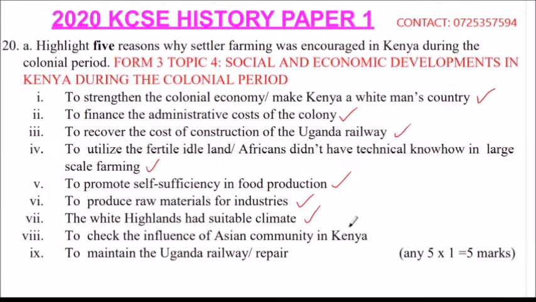Number 8, to check the influence of the Asian community in Kenya. There were Asians who settled in Kenya when they completed building the railway. Number 9, to maintain the Uganda railway repair. So those are the reasons why settler farming was encouraged in Kenya during the colonial period.